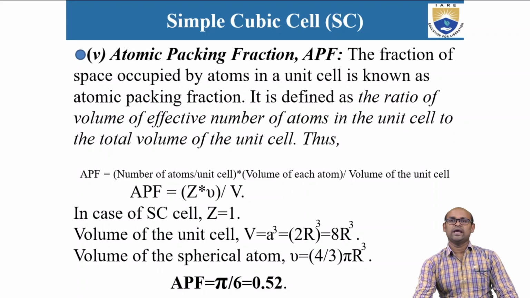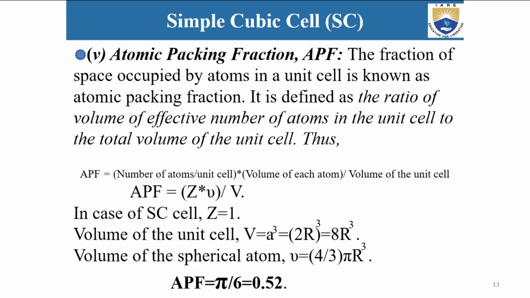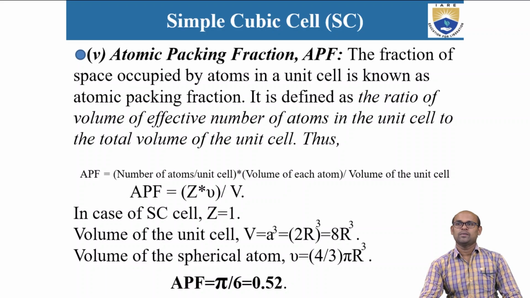So the next parameter we are going to look at is atomic packing fraction. The fraction of space occupied by atoms in a unit cell is known as atomic packing fraction.